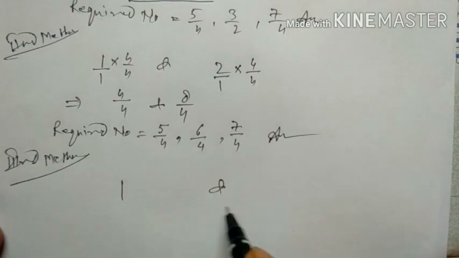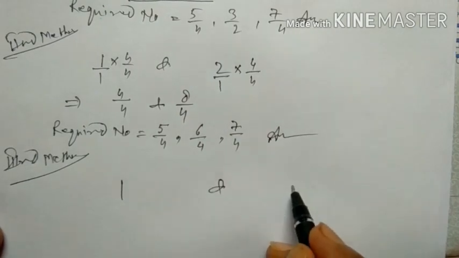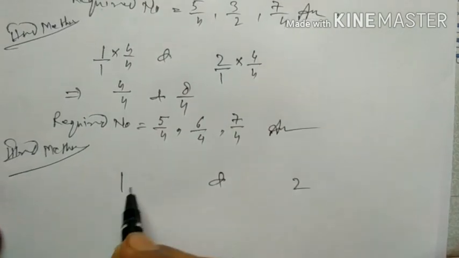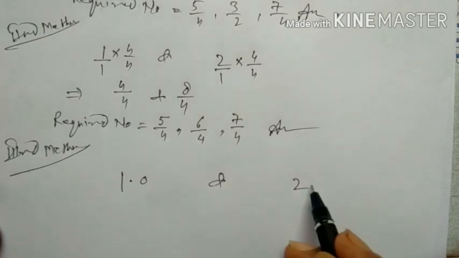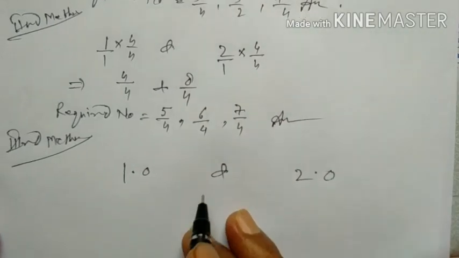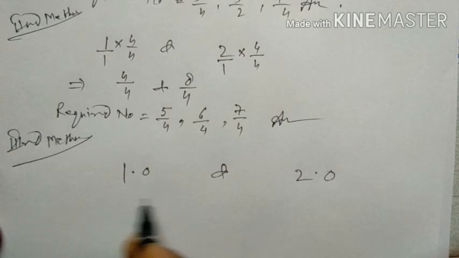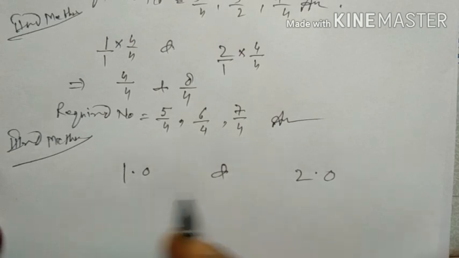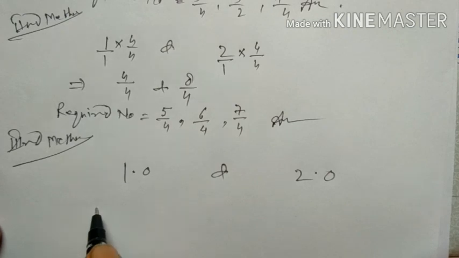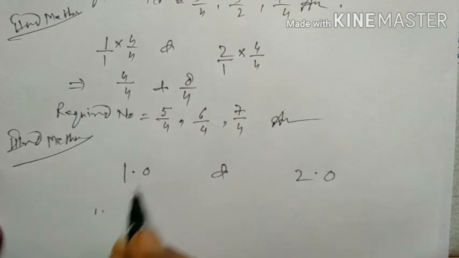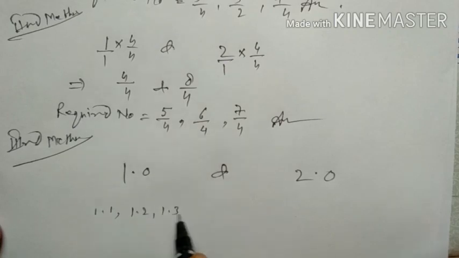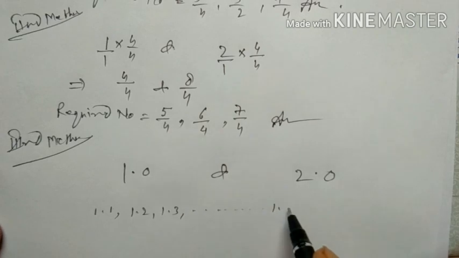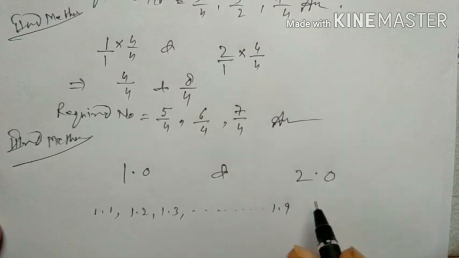And the third method is: our aim is to write three rational numbers between 1 and 2. So we can write 1 as 1.0 and 2 as 2.0. There are a lot of numbers between these two numbers, like 1.1, then 1.2, 1.3, 1.4, up to 1.9, then it becomes 2.